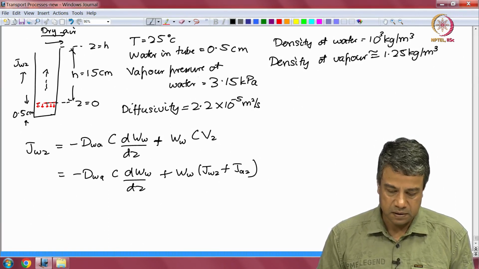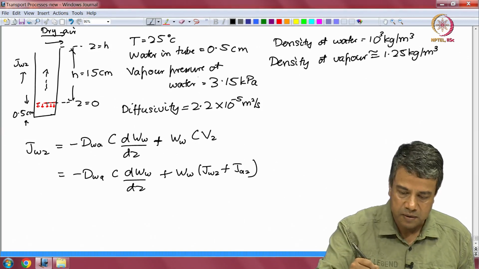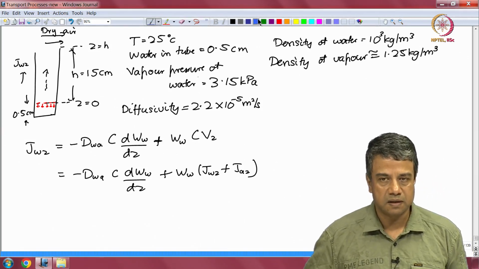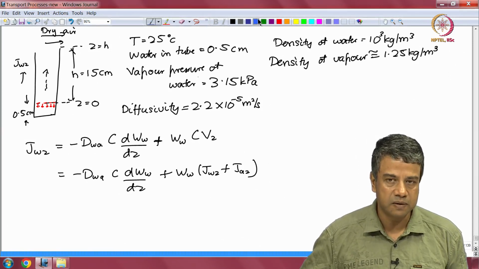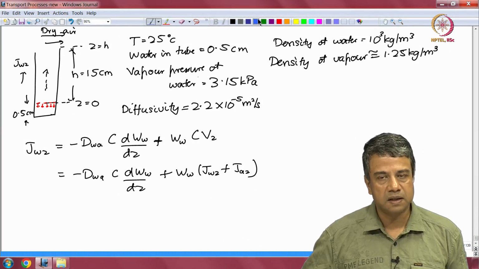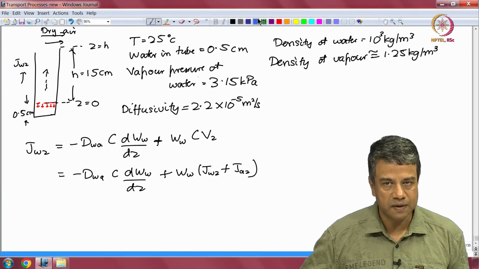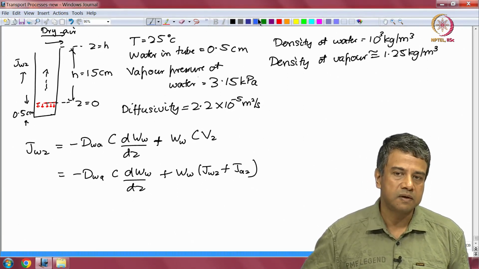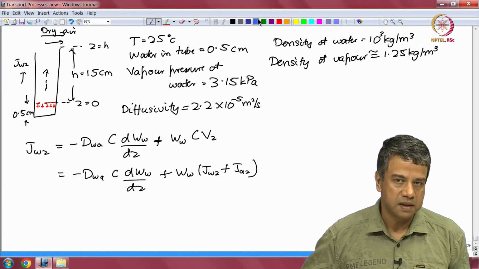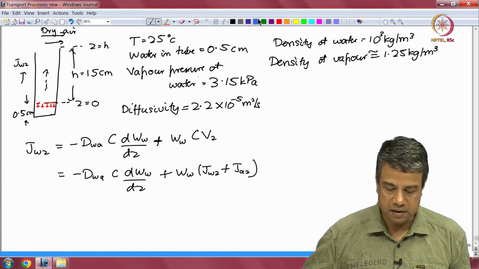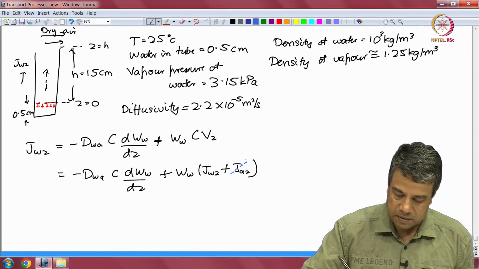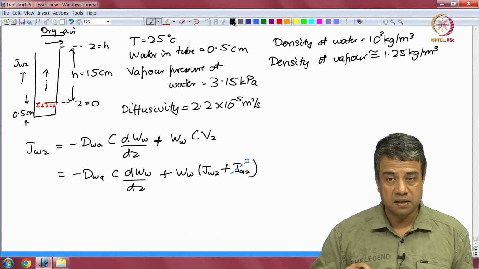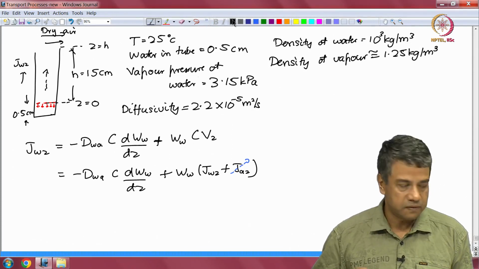In that case, because the decrease in volume of the liquid is much smaller than the volume of water vapor generated, you can neglect the decrease and consider the level to be constant. There is no air coming in, and this term is equal to 0. So that is the additional constraint for this particular problem.